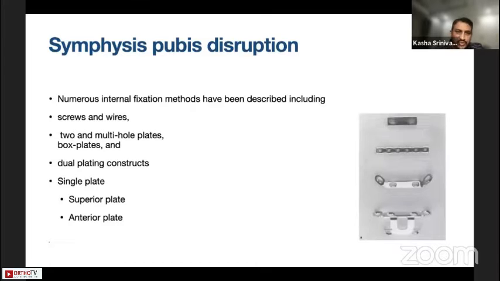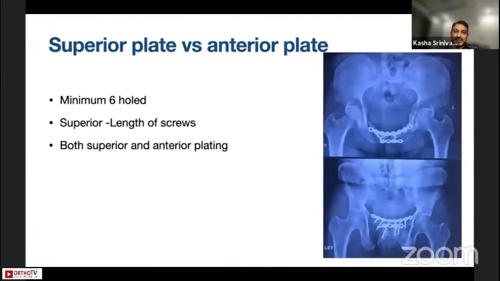Symphysis pubis disruption has numerous internal fixation methods, which include screws and wires. Although I don't have any experience with wires, cerclage wire as well as tension band wire are also described, and the plates, a dual plating construct, superior plate and anterior plate.